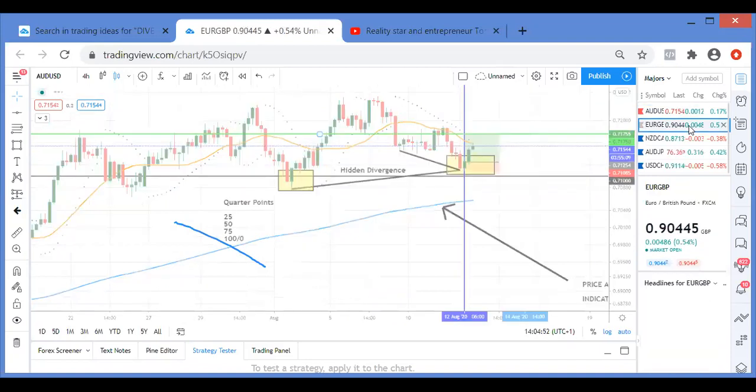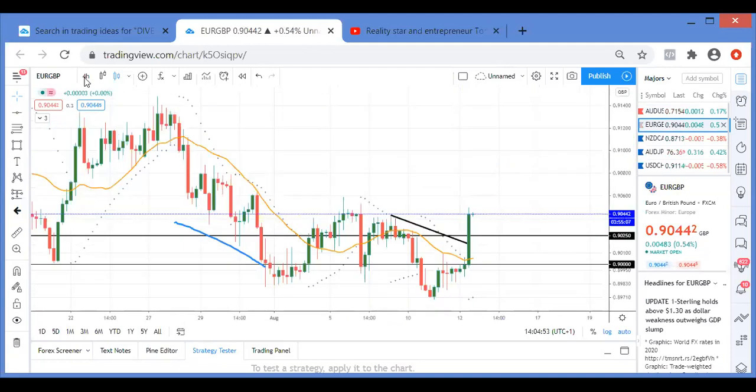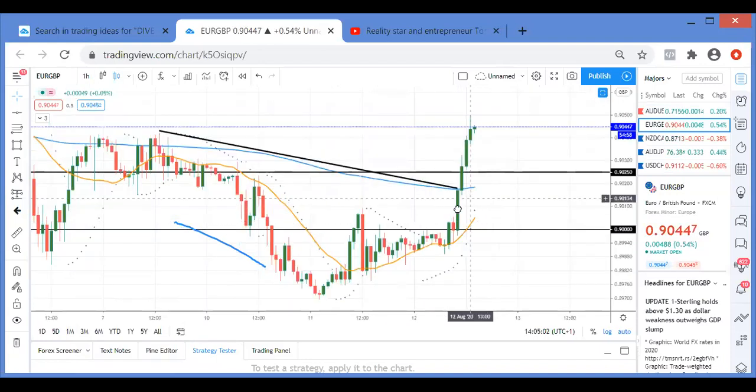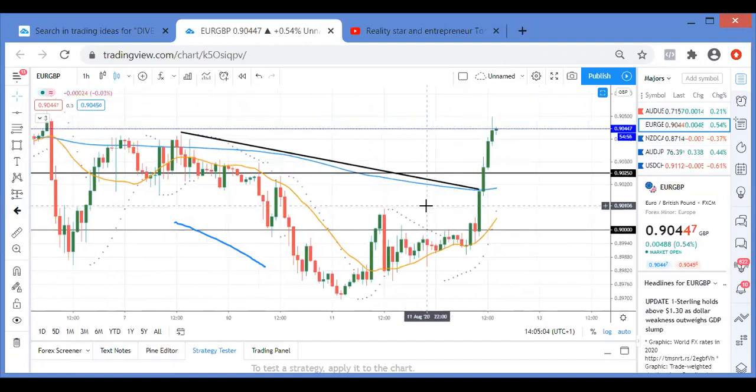Okay, so you know this one here. Let me show you guys, because you asked me, how do I not get this trade? I'm not sure if you guys remember yesterday, I sent a message saying, keep your eye on EUR/GBP. Why did I say that?